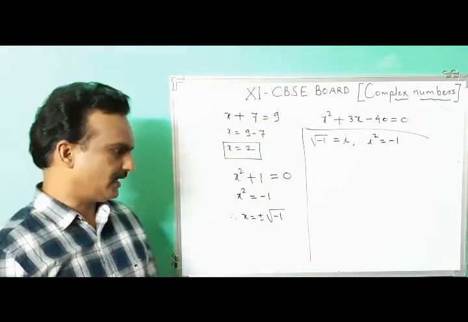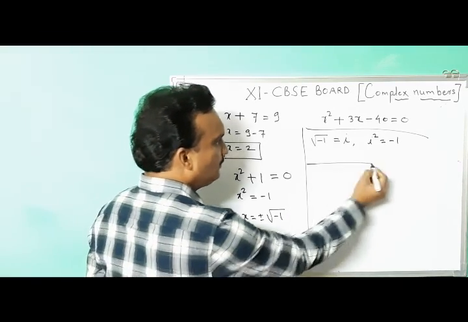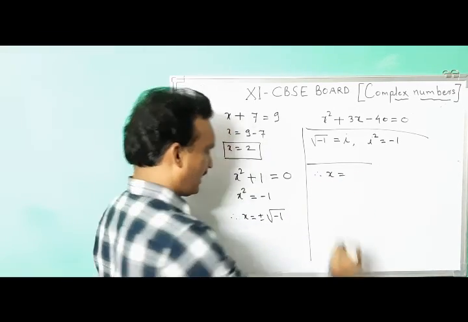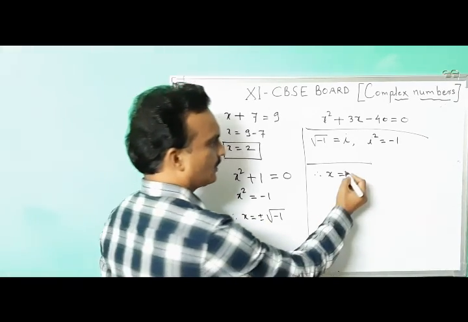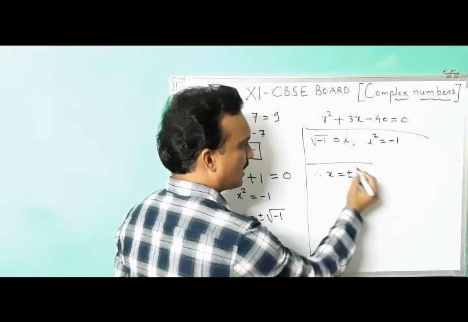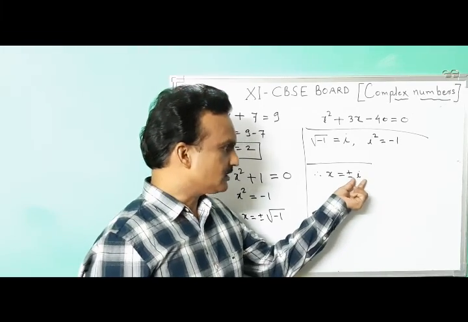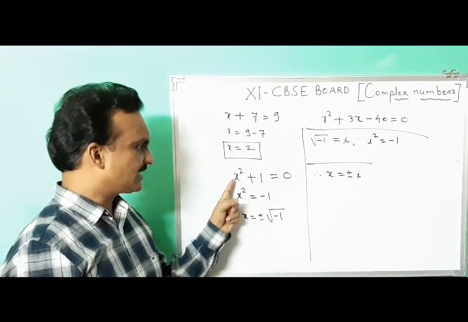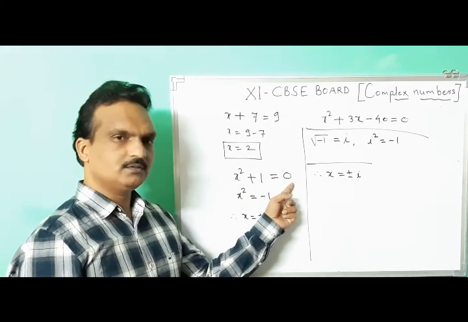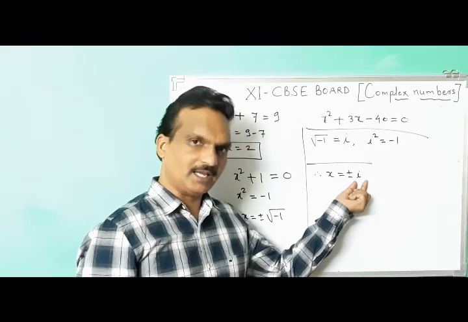Now you can say that the value of x is plus or minus i. In other words, you can say that i is the solution of the equation x square plus 1 equal to 0.